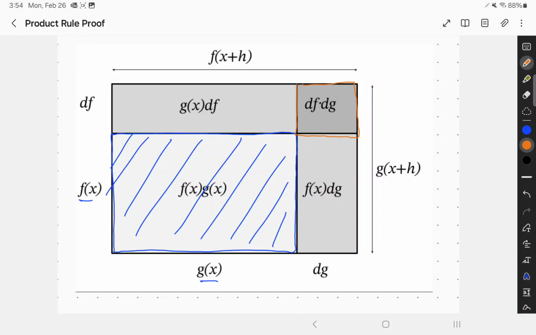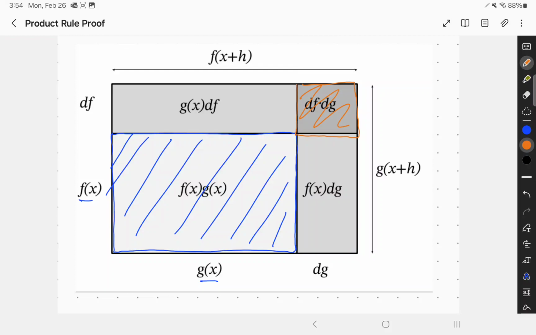So as h goes to 0, this is kind of the hand-wavy argument, is that each of these 3 remaining blocks will eventually get to 0. But this orange block here, this will go to 0 much faster than the other 2 blocks, right?